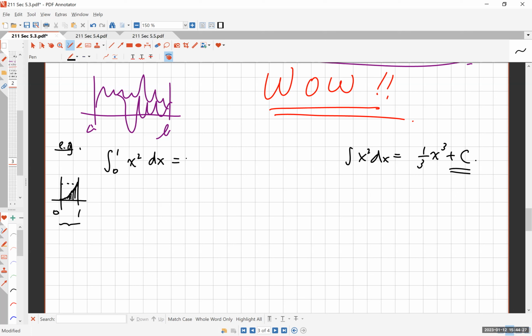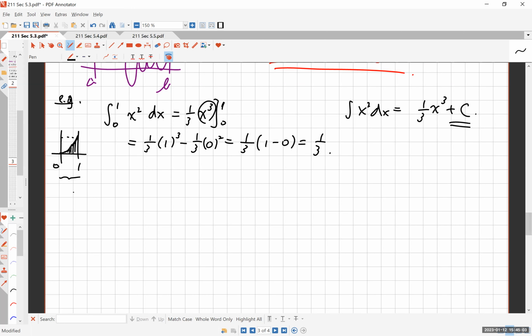But when you find the definite integral, you don't even have to have that plus c because that doesn't matter, remember? So you can write it this way. So this will be 1/3 times 1 to the third minus 1/3 times 0 to the third. And of course, in all of these cases, if you have a constant, you can just take that to the front and evaluate this thing at 1 and 0, find the difference. All right, so the answer is 1/3, as we saw before. But the fundamental theorem of calculus makes the computation much easier.